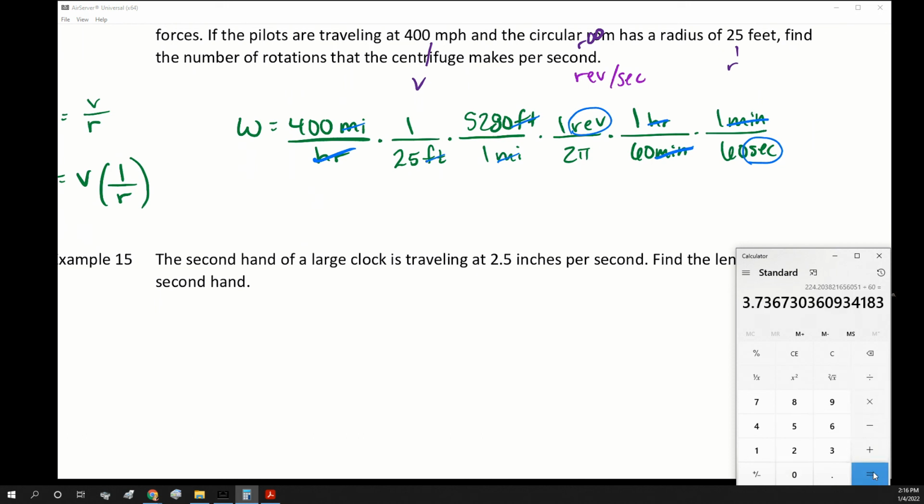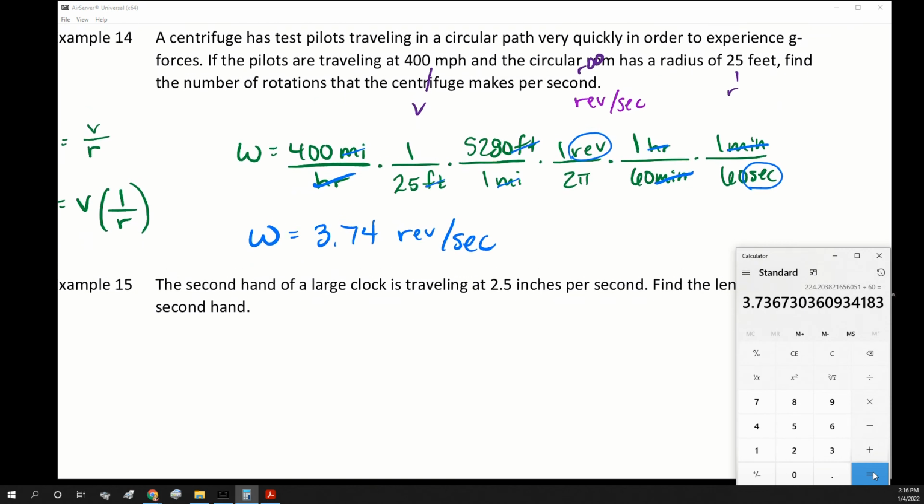Sorry, I talked in the middle of this. I thought I messed it up, but actually I didn't. I think I got it. So our angular velocity is going to be 3.74 rotations or revolutions per second. Ugh, that would make me so sick. It's one of the reasons why I can't be an astronaut or a pilot.